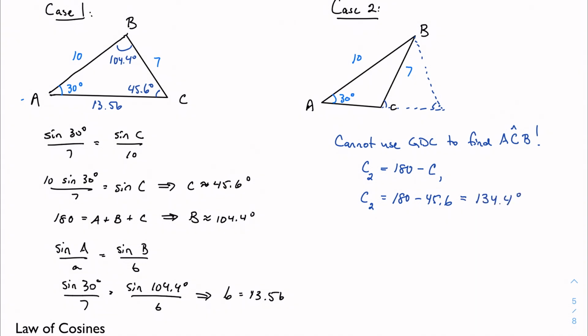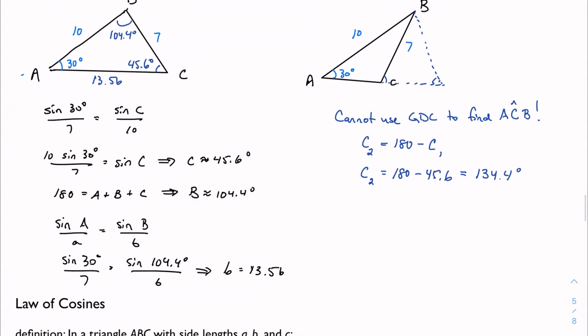And now I can use all of the things I need to know. So I can find B. So my new angle B, I'm going to follow the same process. 180 minus the sum of the angles I know implies, because that's logically the way I'm working, so B equals 15.6.